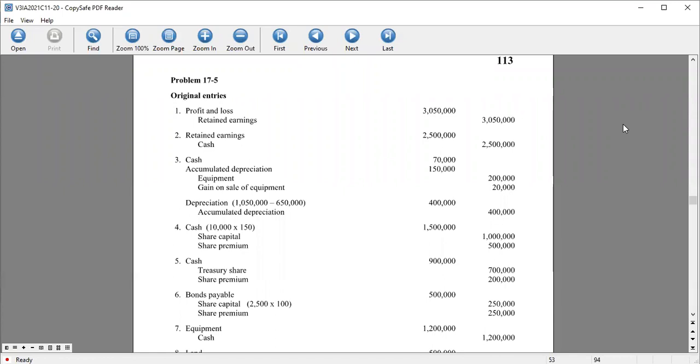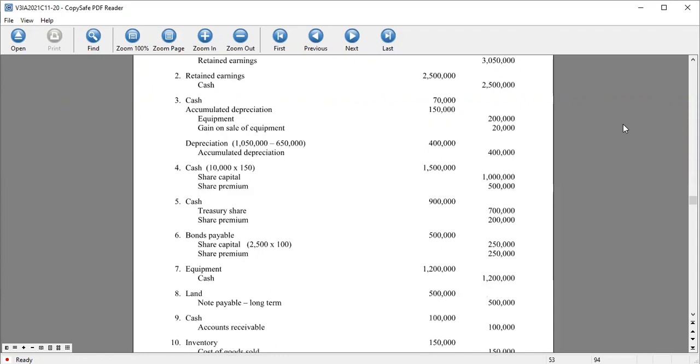That's now the amount of 250,000, because 2,500 shares, bonds payable converted to share capital of 2,500 shares. So we have now credit to share capital and excess to share premium.